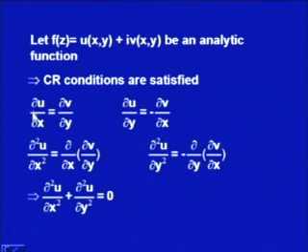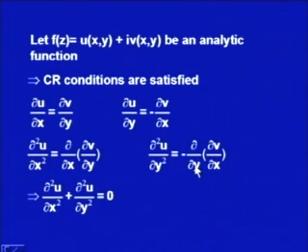And when you differentiate the first equation with respect to x partially, the left hand side is delta squared u by delta x squared, while the right hand side becomes delta by delta x of delta v by delta y. And similarly, we differentiate the second equation partially with respect to y. So, the left hand side gives me delta squared u by delta y squared is equal to minus delta by delta y of delta v by delta x, and we have two equations.